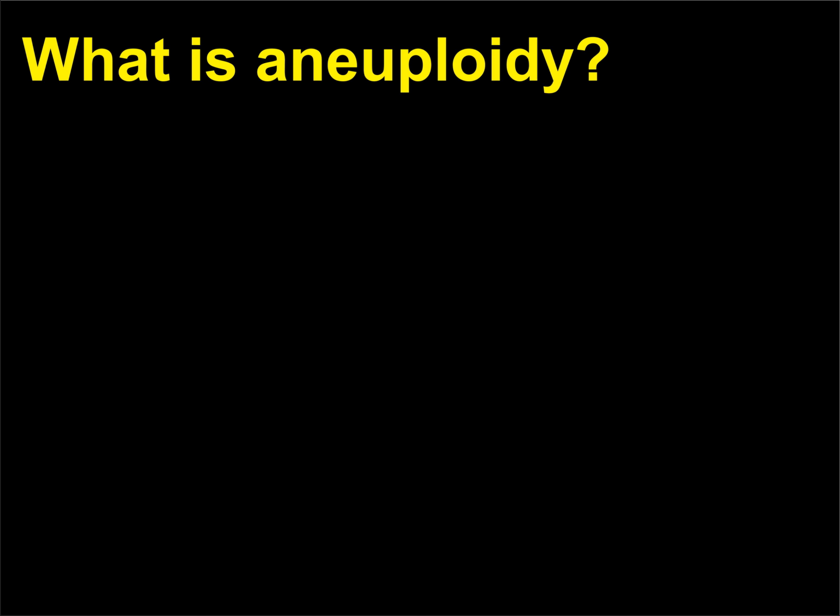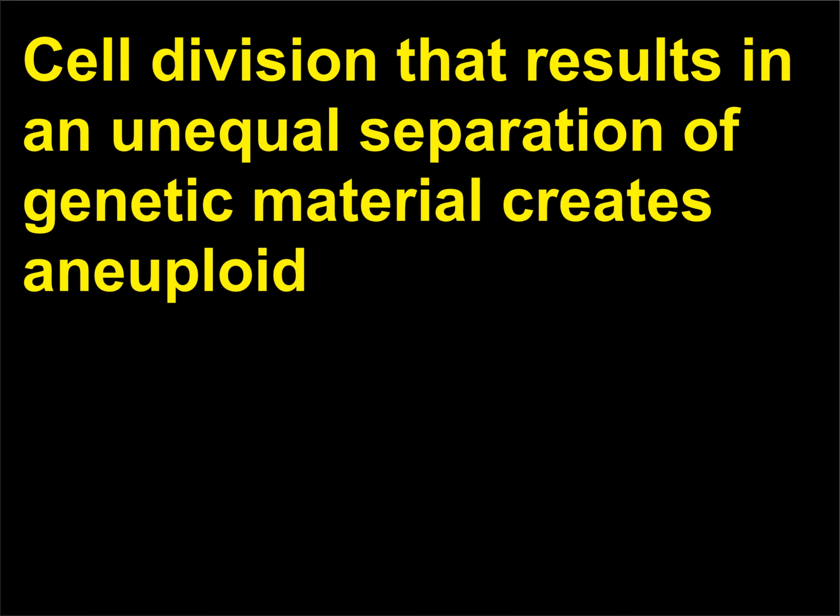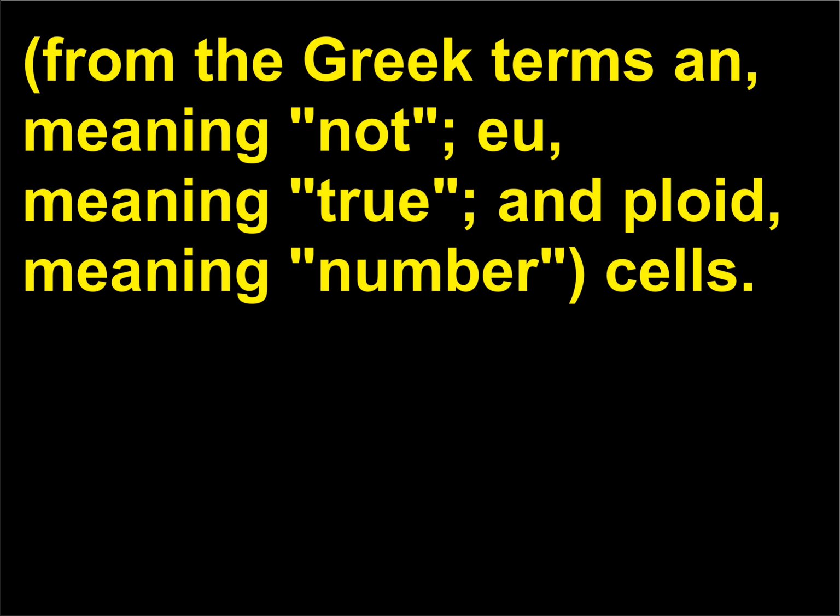What is aneuploidy? Cell division that results in an unequal separation of genetic material creates aneuploid, from the Greek terms an, meaning not, eu, meaning true, and ploid, meaning number, cells.